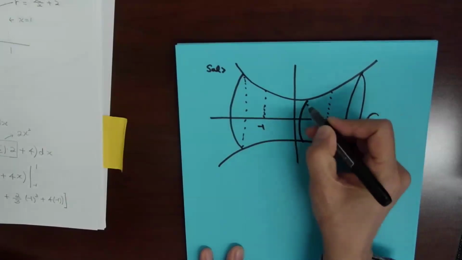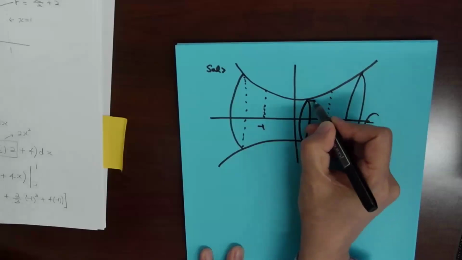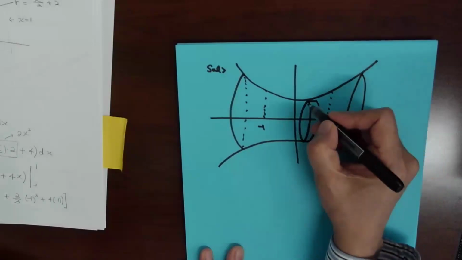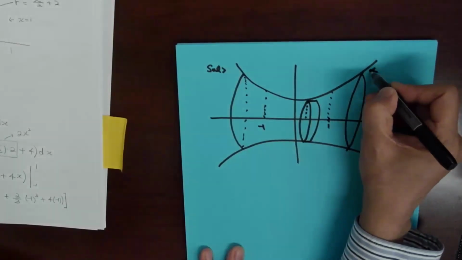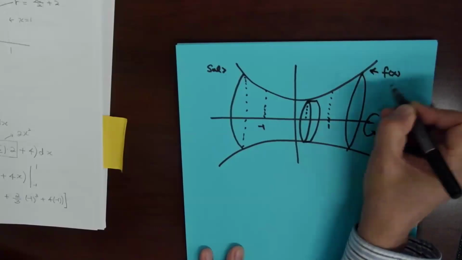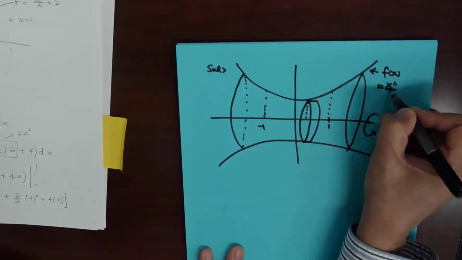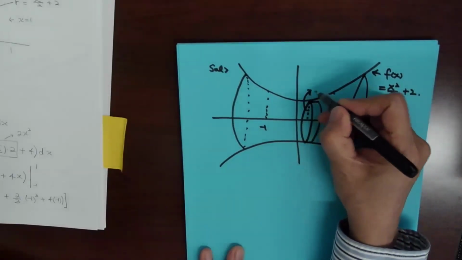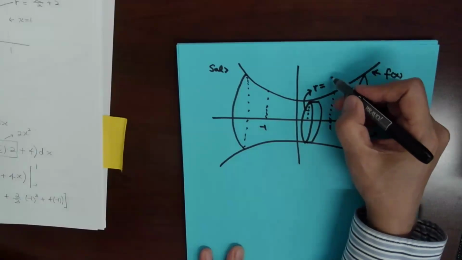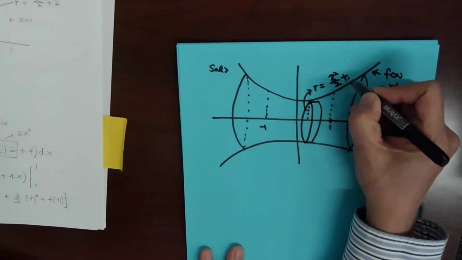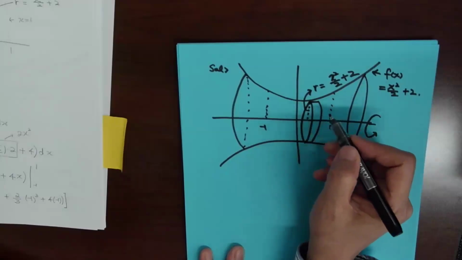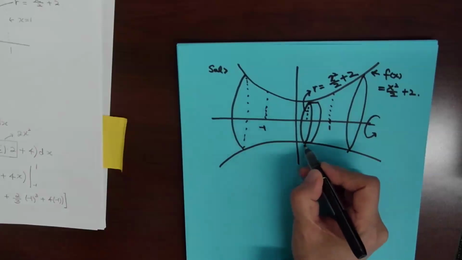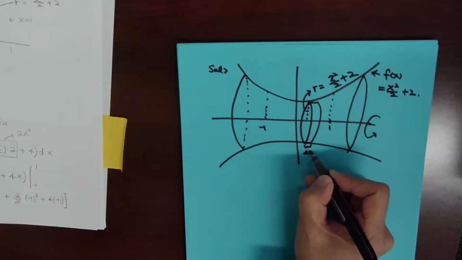So what you can imagine is a cylinder that looks like this. And this time the function is given as f of x equals x squared over two plus two. So what is this r? R is x squared over two plus two, defined by the function. And then this thickness will be the height of the cylinder.